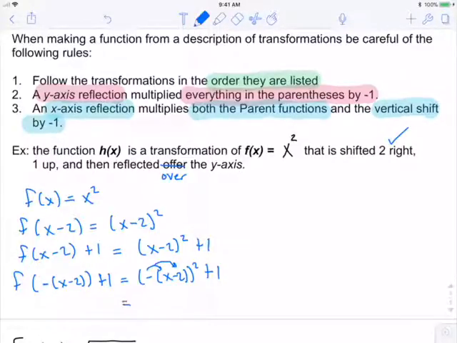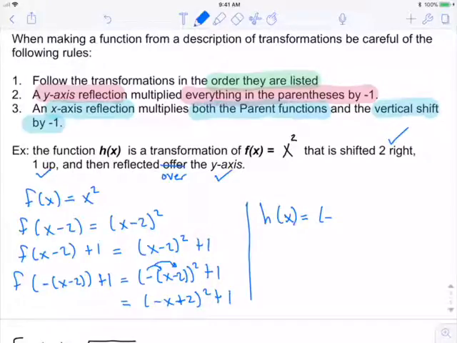So this becomes negative x plus 2 squared plus 1. So our shift 2 to the right, once we do a y-axis reflection, in the mirror should be a shift 2 to the left, and we see that by our minus 2 becoming a plus 2. And now we've completed all three. So our function h of x should be equal to negative x plus 2 squared plus 1.